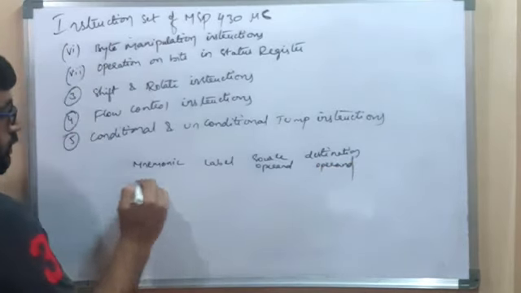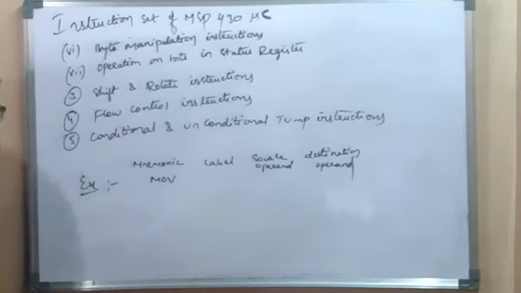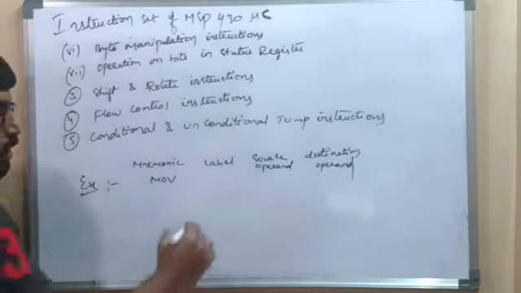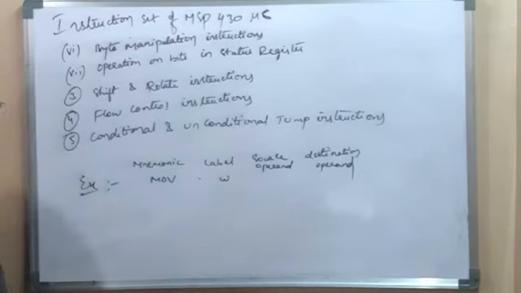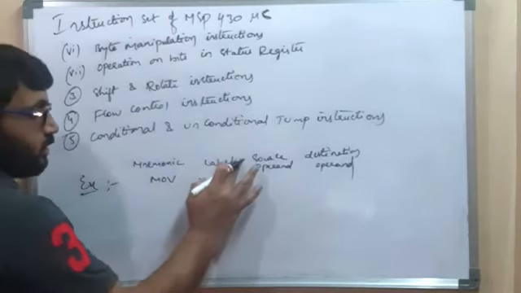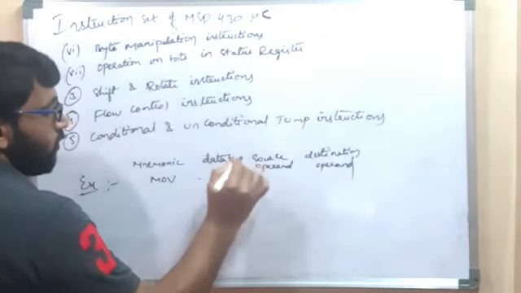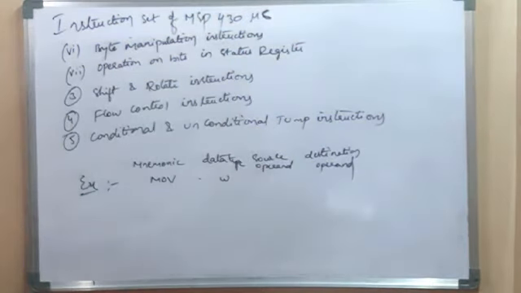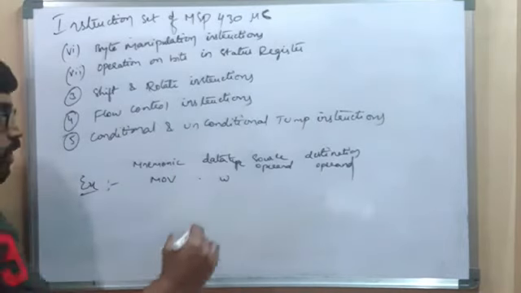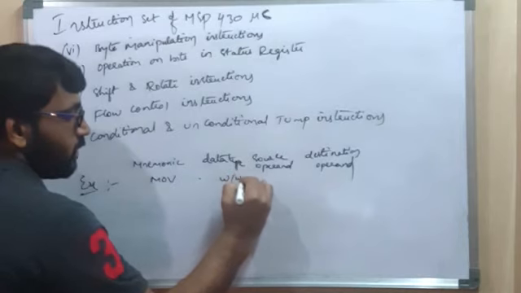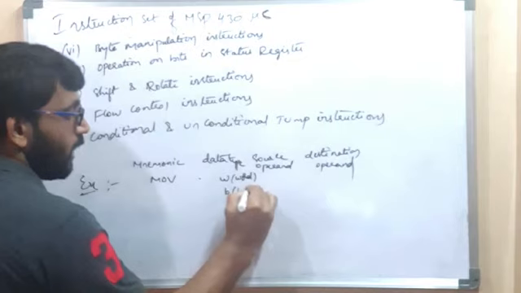For example, take this instruction: mov is the mnemonic, and .W is the data type. W is nothing but word, and if it is B, it is nothing but byte.